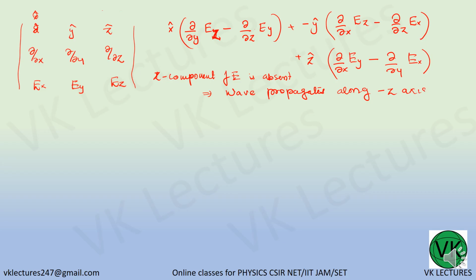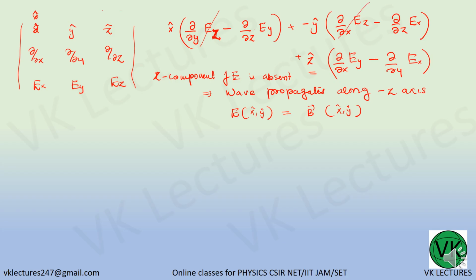So if E is a function of x and y, or moves in the xy plane, then the magnetic field will also be in the xy plane. So we can remove the z component, and the first term gets cancelled because there is no z component for the electric field, and likewise the z component with respect to x.